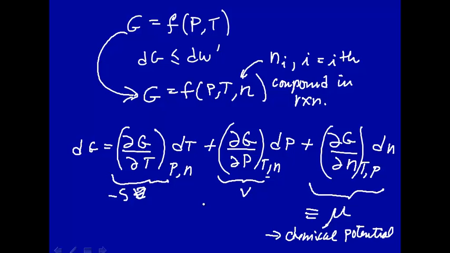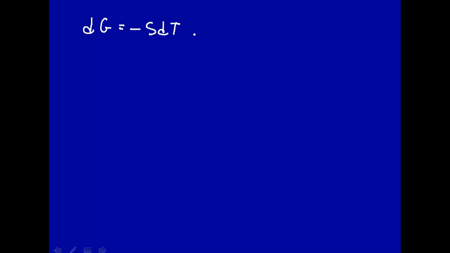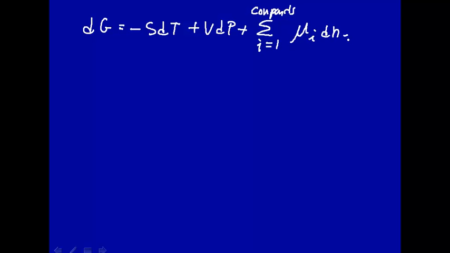So let's put all these new symbols in, plus these old symbols, and we'll end up with this equation. dG is minus S dT plus V dP. Now I'm going to rewrite this as the sum over i equal 1 to the number of compounds of the chemical potential of that compound times dNi.